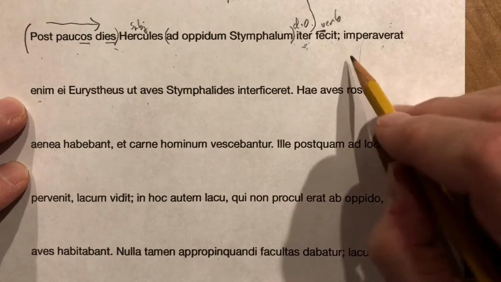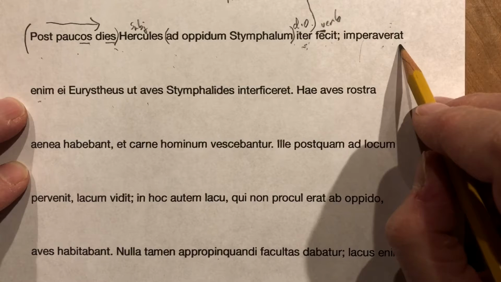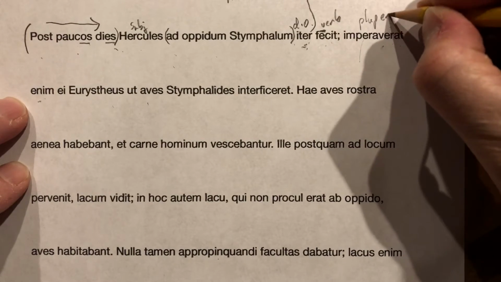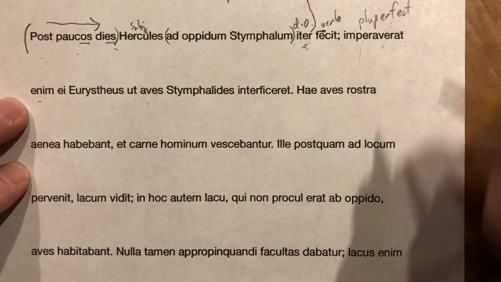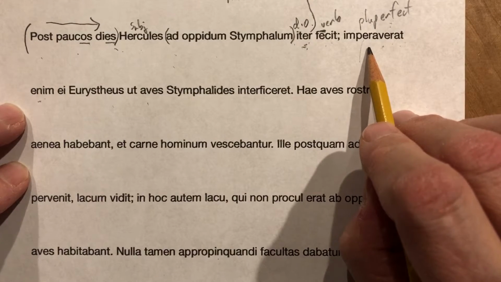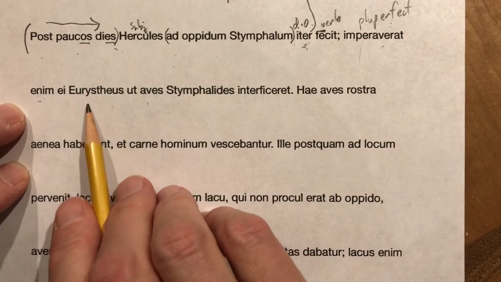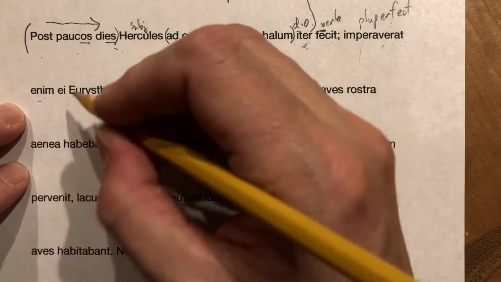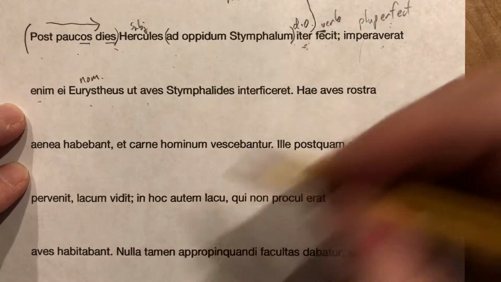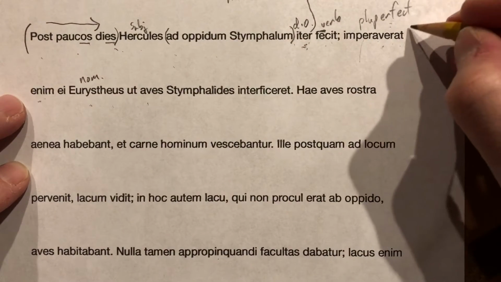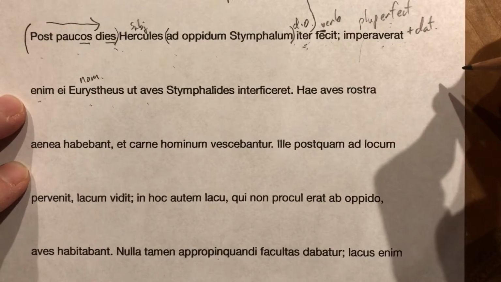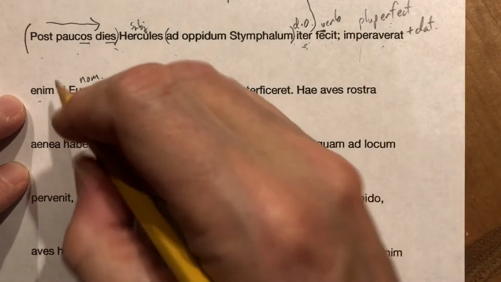Okay. Imperaverat. Pluperfect. So, he had ordered. Who had ordered? The singular subject. There's our nominative right there. Impero is a verb that takes a dative. Do you see a dative here?